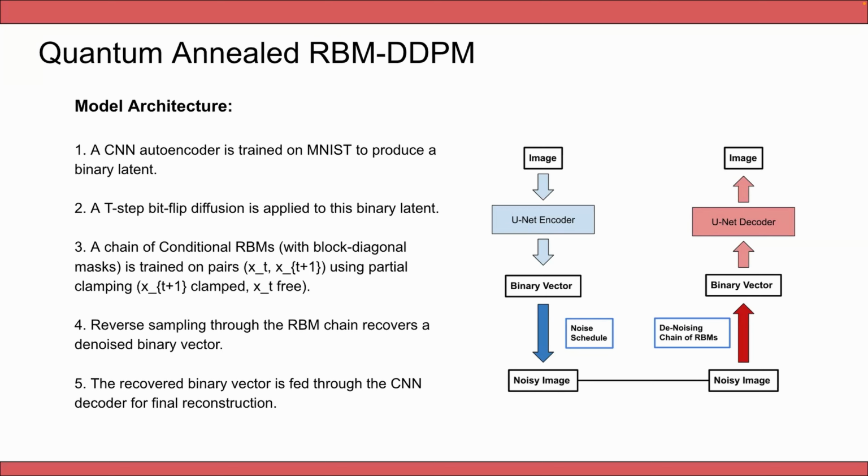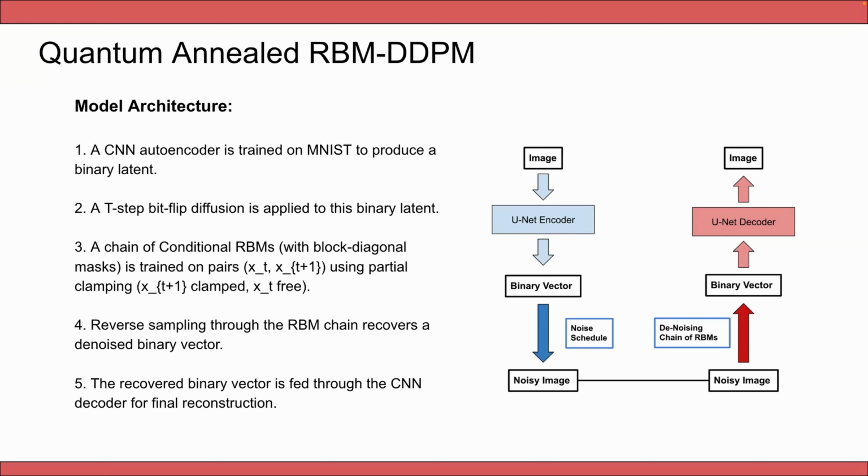So we take an image, we pass it through a convolutional neural network autoencoder, not UNet, and we get a binary vector representing our image. Then we add noise to that binary vector using a Markov chain type process, and we get a noisy binary vector. Then we remove noise from the binary vector using a chain of RBMs.